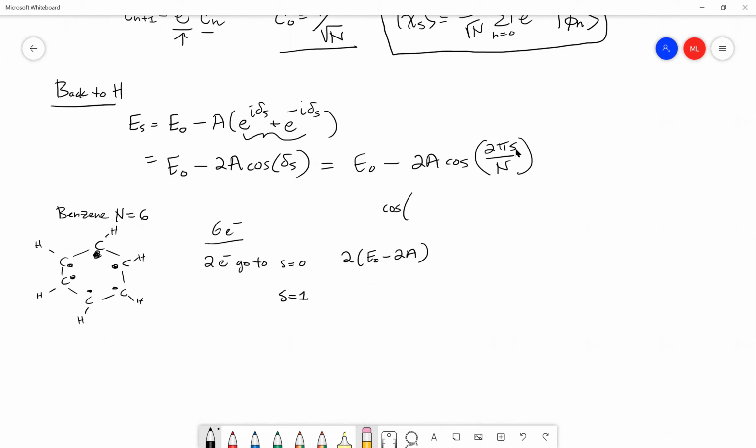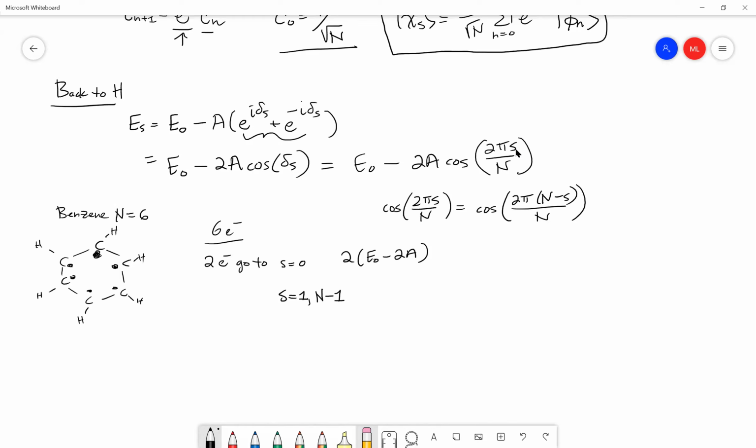Because it's periodic, cosine of 2 pi s over n is the same as cosine of 2 pi (n minus s) over n. So the s equals 1 state has the same energy as the n minus 1 state. Those are actually the same.